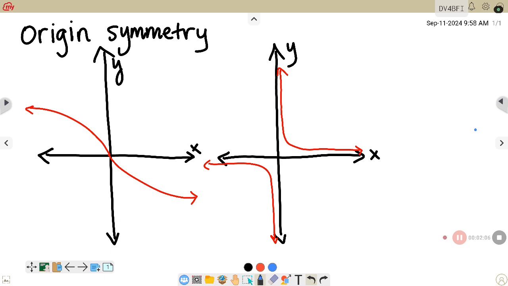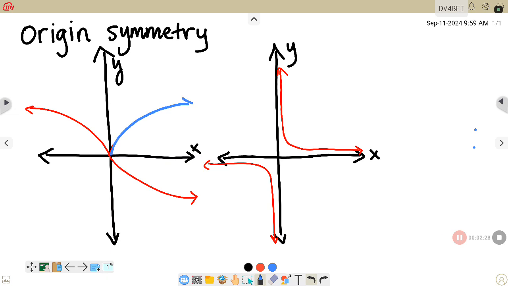So think about folding this lower half on this first graph across the x-axis. So again, if I folded this bottom half across the x-axis, it would end up there.